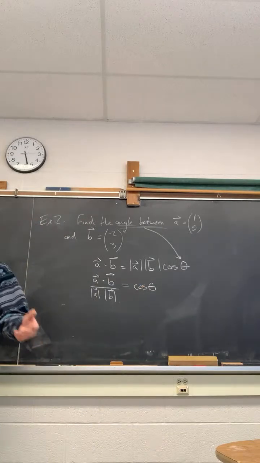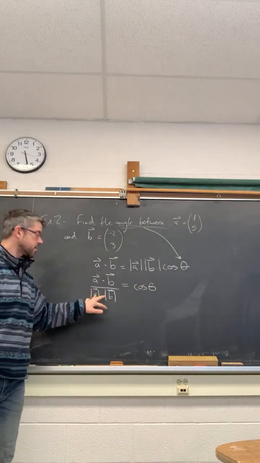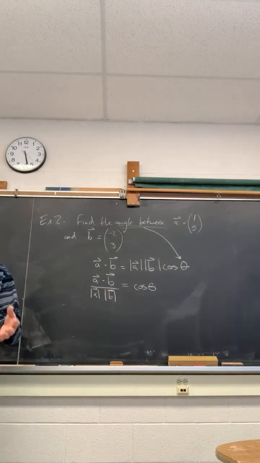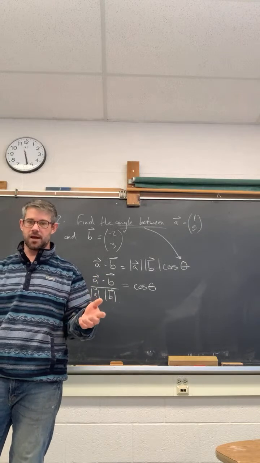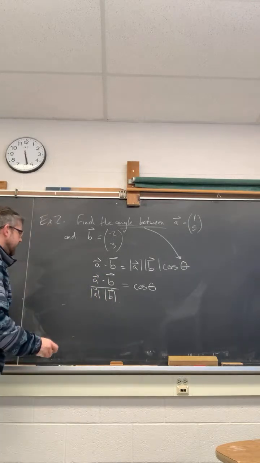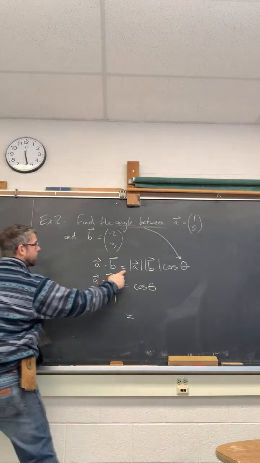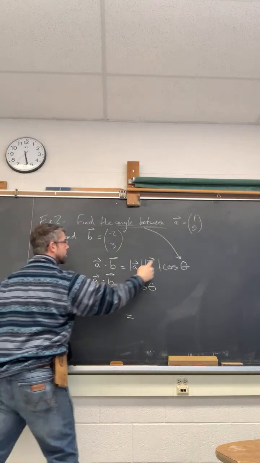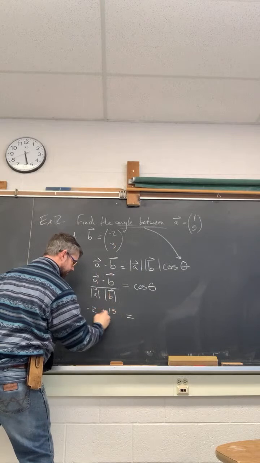And now I just have to go ahead and compute all of these things. Now, I'm not going to show the steps in computing the magnitude of A and the magnitude of B. I assume that you're going to be able to do the squaring and square rooting either on the side or quickly in your head. I will walk through A dot B though. 1 times -2 is -2. 5 times 3 is 15.